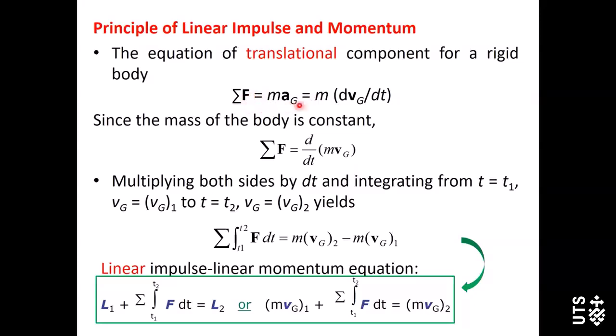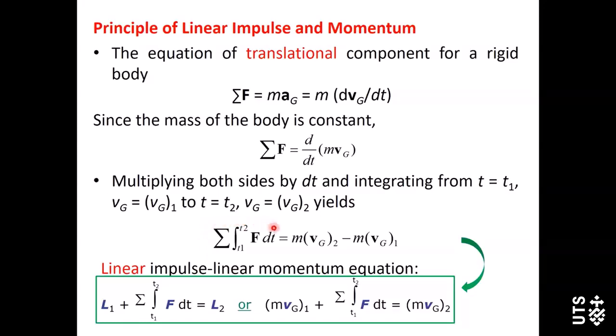Okay, so we still start from the second law of Newton. Ag is equal to dvg dt. G is the mass center point G. We can rearrange this equation by moving dt to the left side and then integrate on both sides.